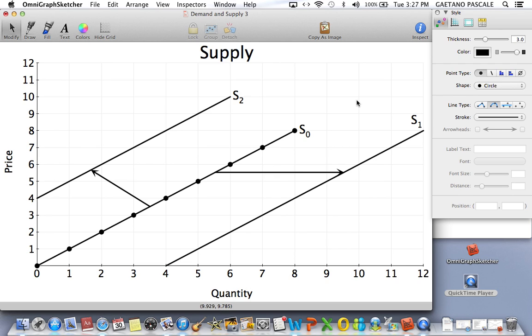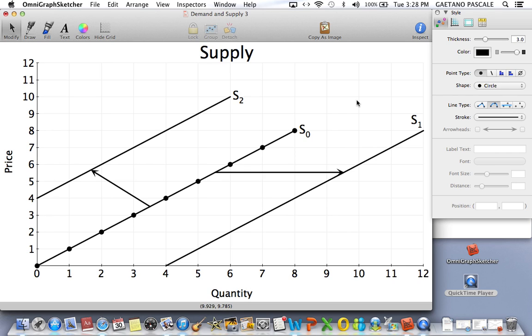So the easiest way to remember this is that if we have an increase in the cost of doing business, the supply curve shifts to the left. All right? Any increase in the cost of doing business is inversely related to the supply curve. It will shift to the left.